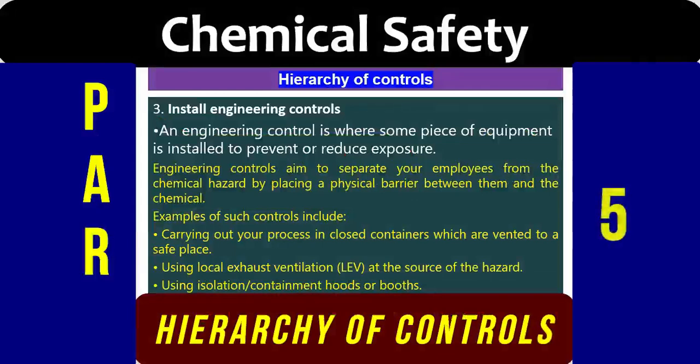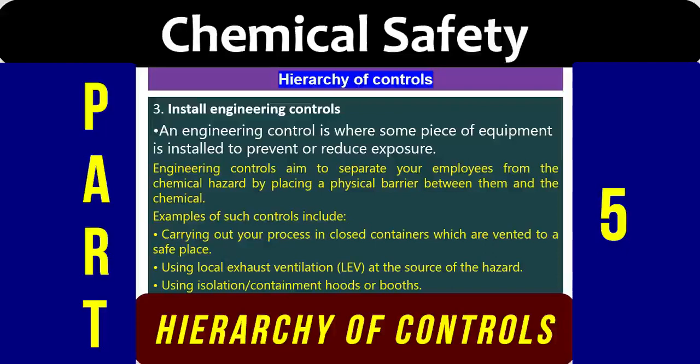Let us discuss the engineering controls. An engineering control is where some piece of equipment is installed to prevent or reduce exposure to chemicals. Engineering controls aim to separate your employees from the chemical hazard by placing a physical barrier between them and the chemical.